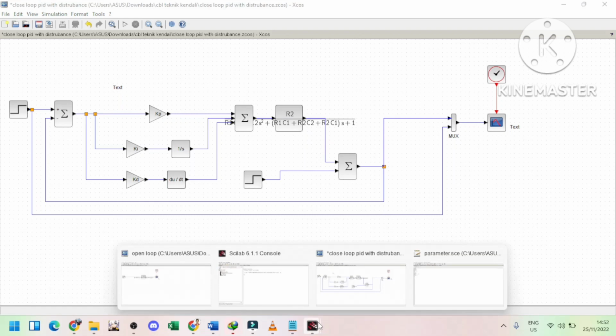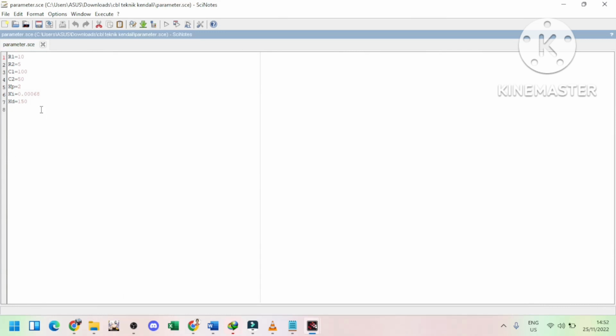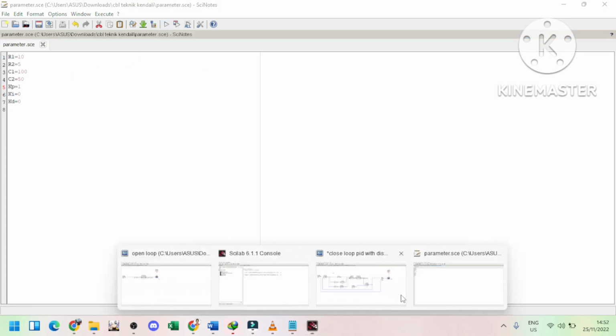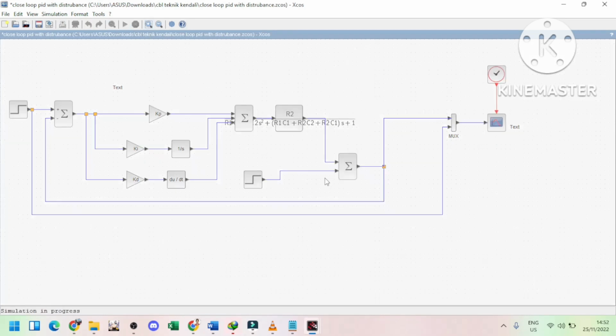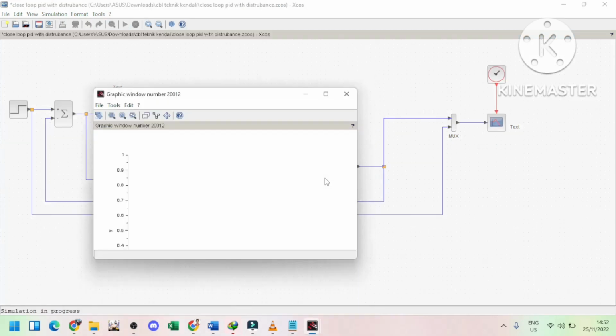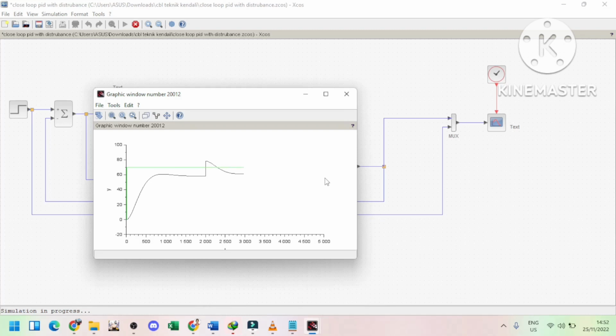So if we change the value of Kp, Ki and Kd, we will get a result like that, containing a steady state error like this.